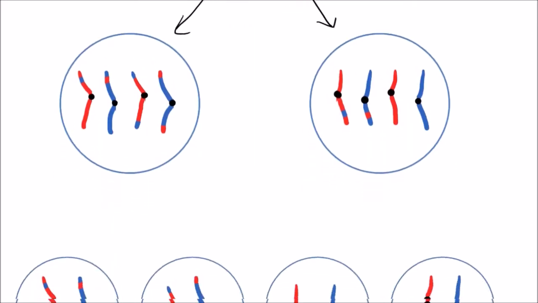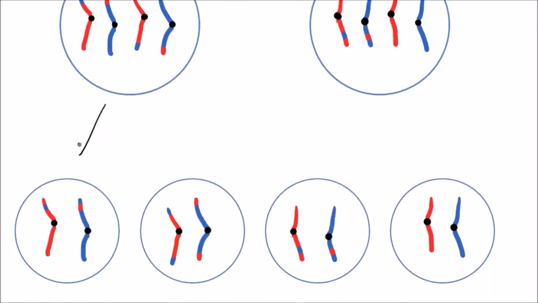And these 2 new cells will immediately divide again. And you'll notice that the DNA was not copied this time. So there was no replication of DNA this time. So the 4 new cells that have been made are all genetically unique, and also only contain half the normal number of chromosomes.